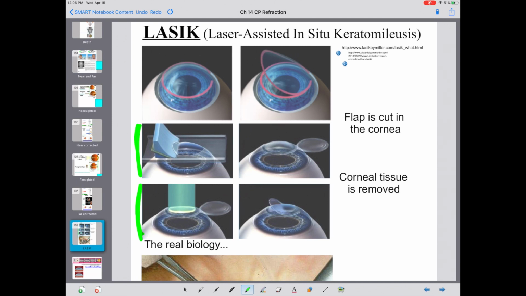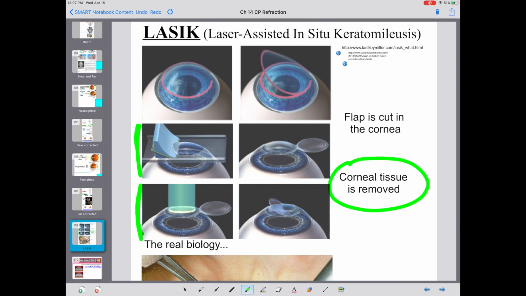So after LASIK surgery, you can literally see clearly very, very soon. Now, generally, it's good for 10, maybe a little bit more than 10 years. But as you age, things change, shape changes some. So it's not good forever. And it's not good for everybody because it is a process that removes tissue.